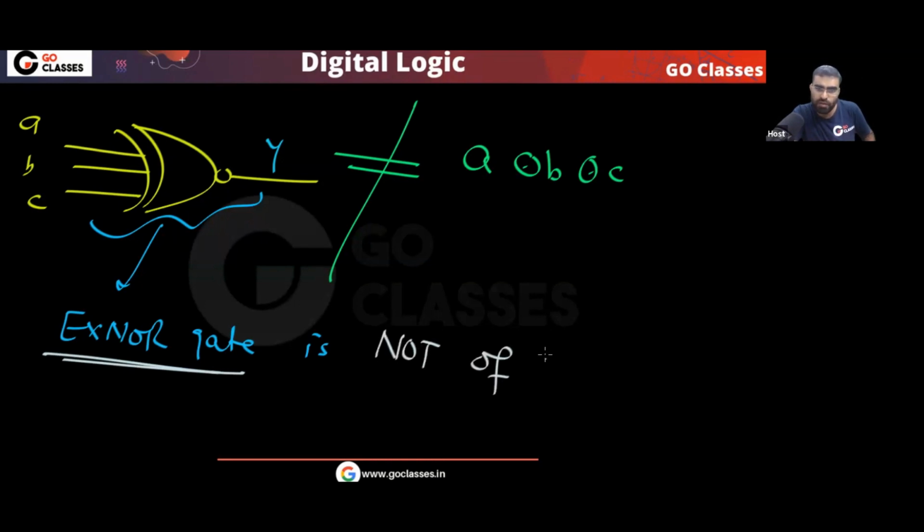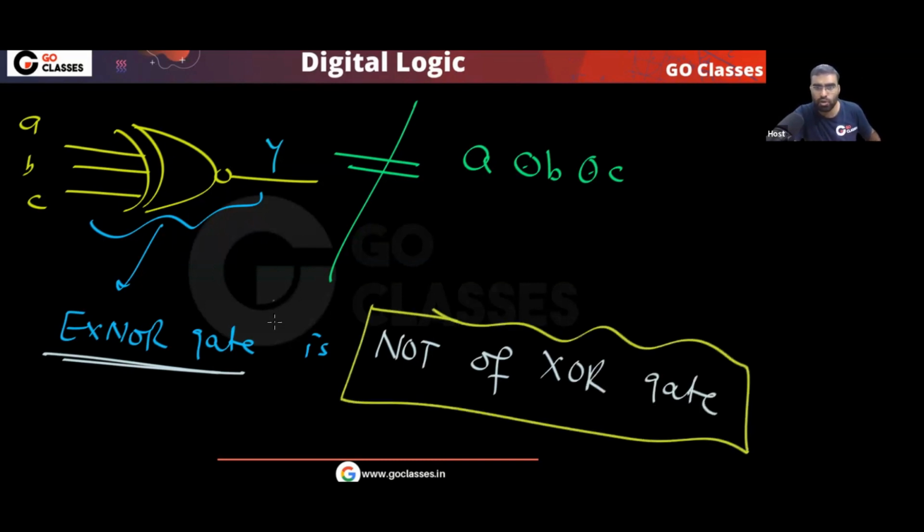This is interesting and important. Here this bubble means NOT. So remember, your XNOR gate is NOT of XOR gate.